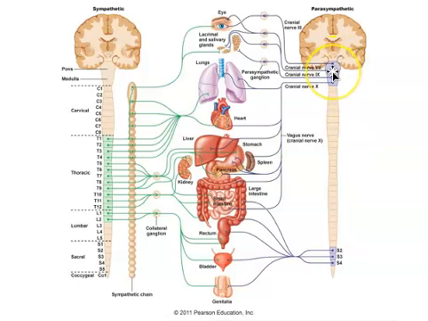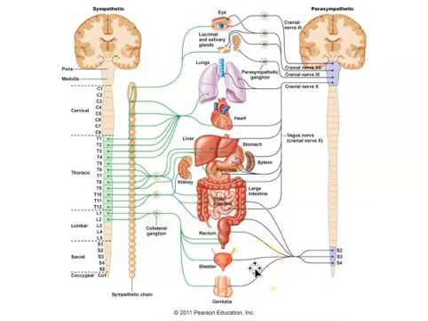On the parasympathetic side, that preganglionic neuron is sending its axon way off to synapse with a postganglionic neuron. And that postganglionic neuron is in a ganglion that is either close to or actually within the target organ. And you can follow some of these purple lines and see where some of these are actually within the organ.